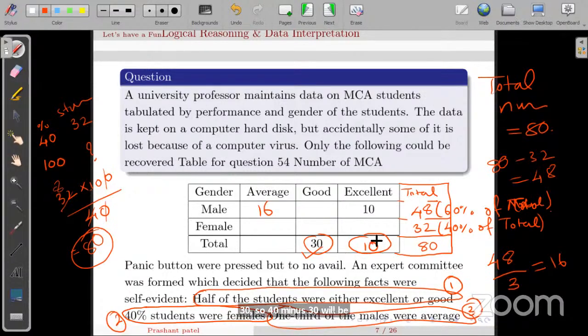So only 10 students were left here, and this total is already 10. So what will become here? It means here it is 0.